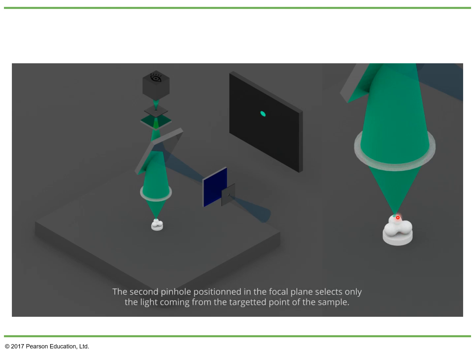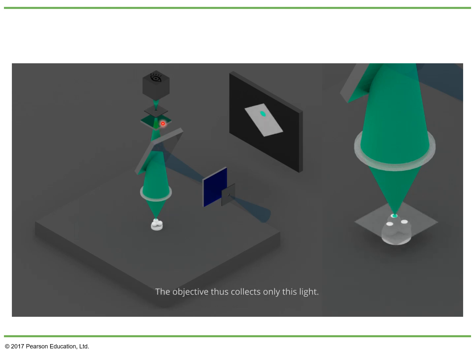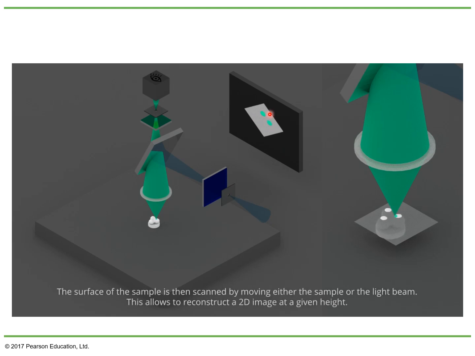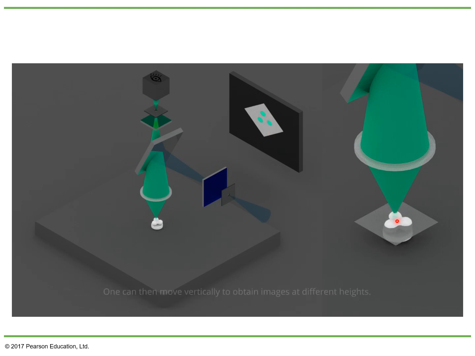This is going to produce the emission, and it is going to have another pinhole that is going to show you the light for that specific section. However, now you need to start scanning the other sections of the sample. So one cell, the second cell, and you have to go very slowly.